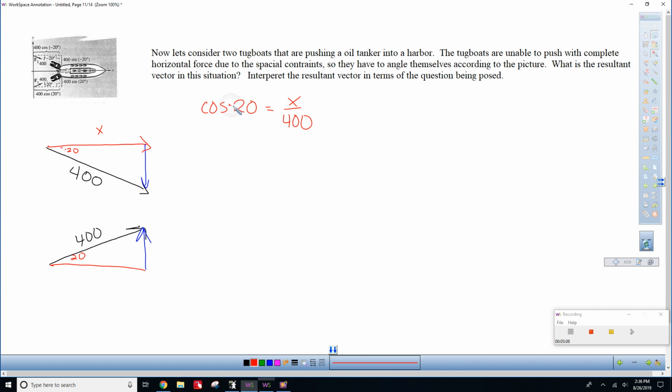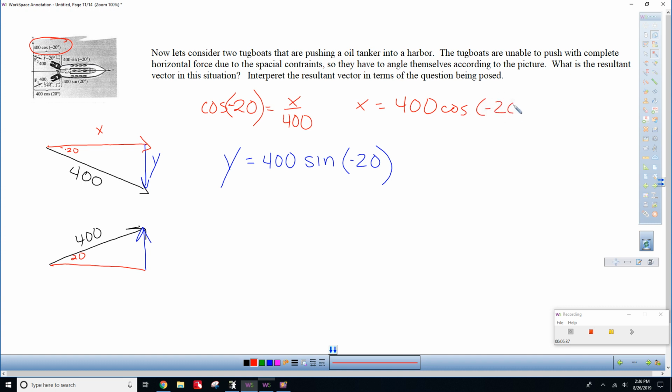So this is where this comes from. And then notice y is 400 times the sine of negative 20. I'll go back above. x is 400 times the cosine of negative 20.